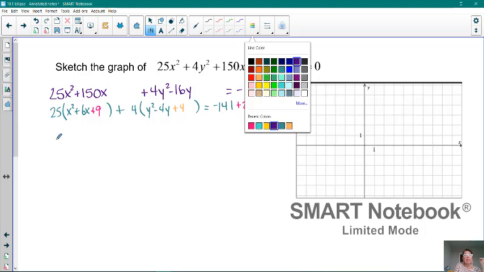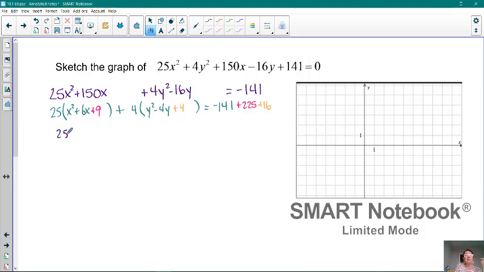All right. So now I have 25 times x plus 3, quantity squared, plus 4 times y minus 2, quantity squared, is equal to negative 141 plus 225 plus 16, I think is 100, but I'm going to make sure.